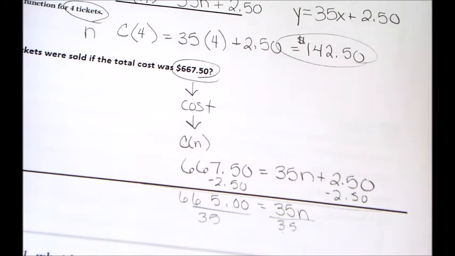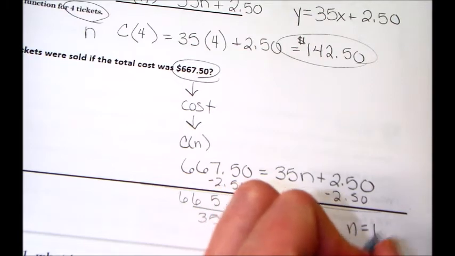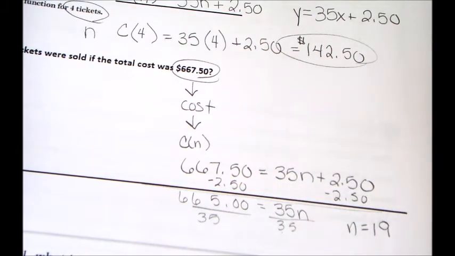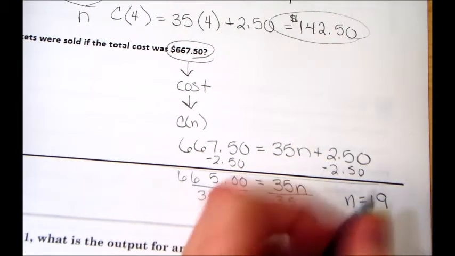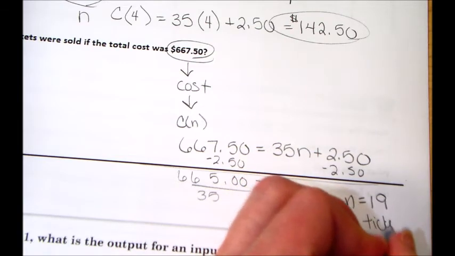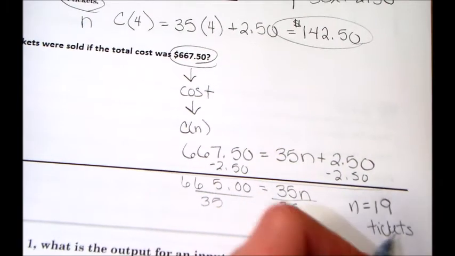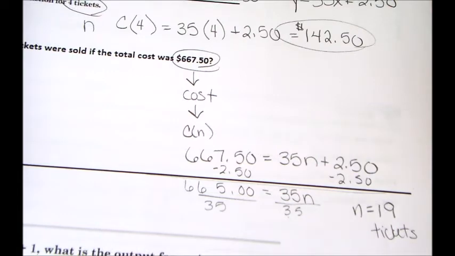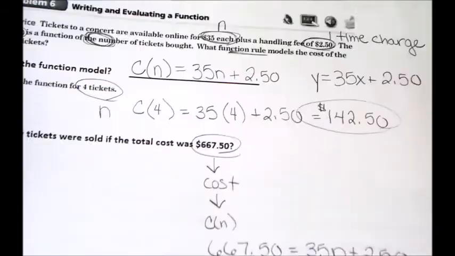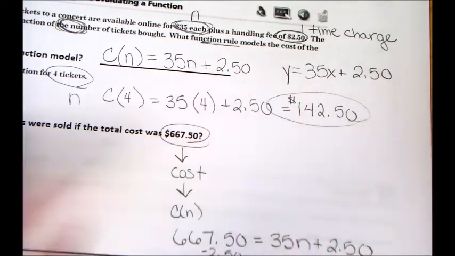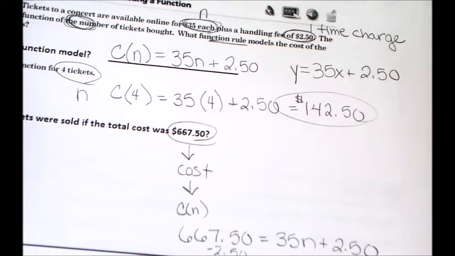So 665 divided by 35 is 19. n equals 19. Let's put a label on that. Remember, n was how many tickets. So you really have to figure out when you do these problems, do I plug in for x or do I plug in for y? And then plug in for the right thing and solve for the other one.